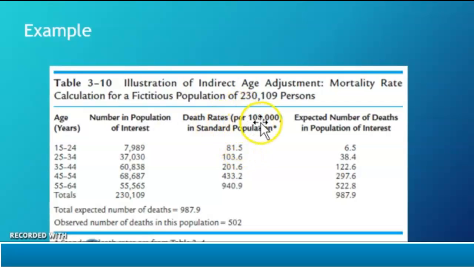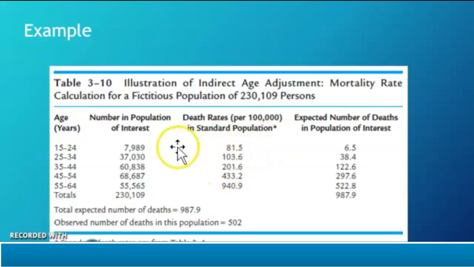Look closely here. This death rate is per 100,000. As I said, when you're calculating death rates, you have to multiply by 100,000 to get the death rate per 100,000. Now you're working backwards to get the expected number of deaths in the population of interest. So you multiply 7,989 times 81.5 and then divide that by 100,000.